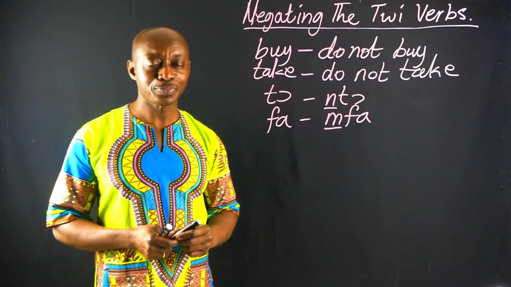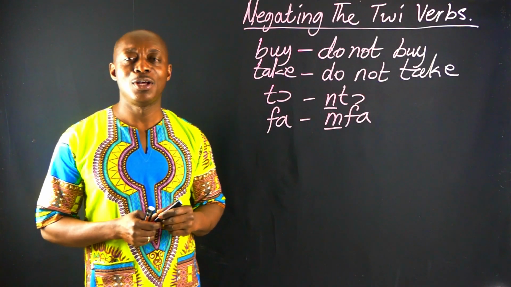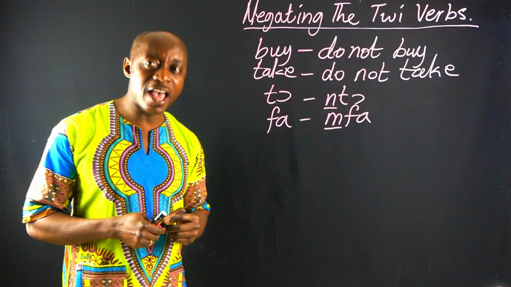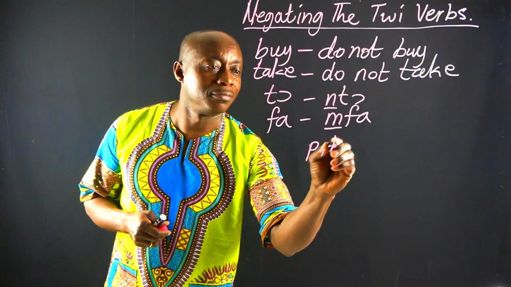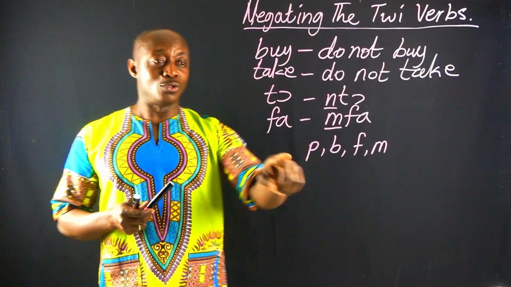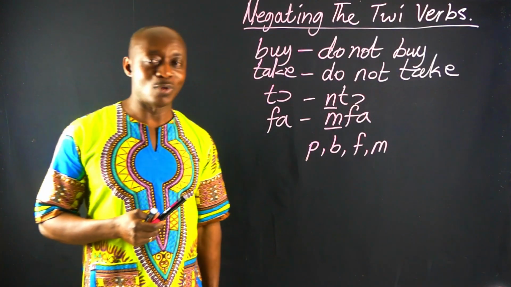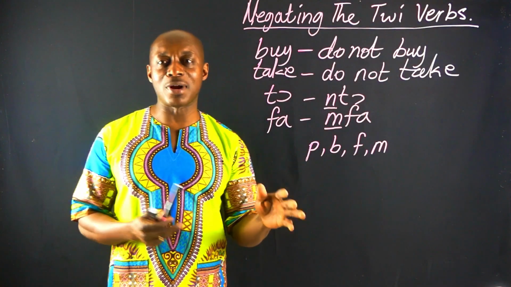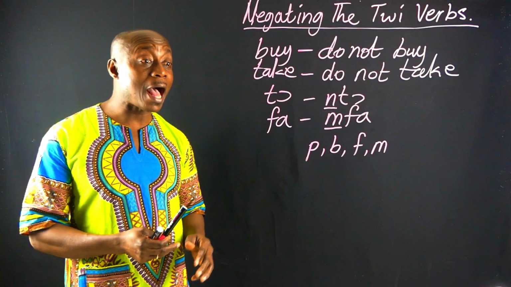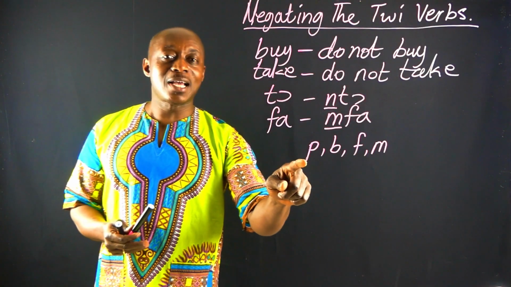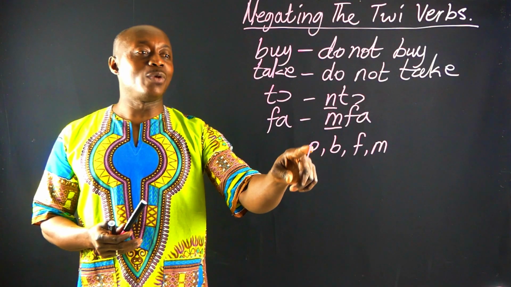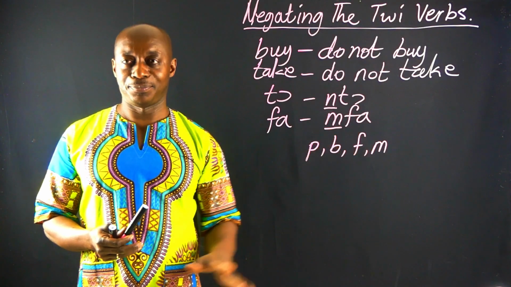Okay, let me ask you, do you remember lead FM? Do you remember this when we were learning Twi singular and plural nouns? We said that some of the nouns begin with these consonants.